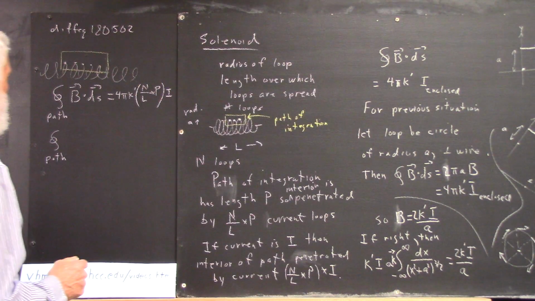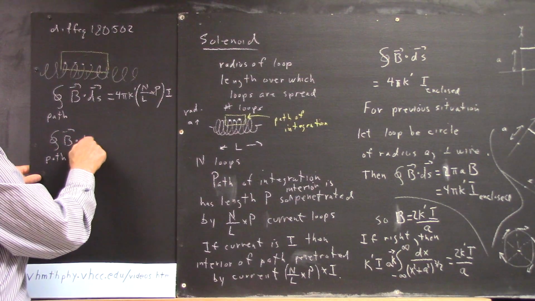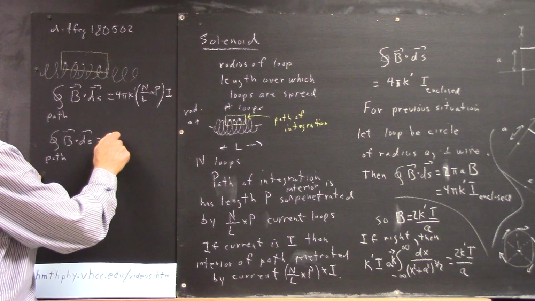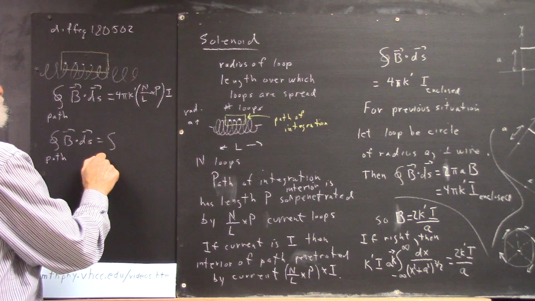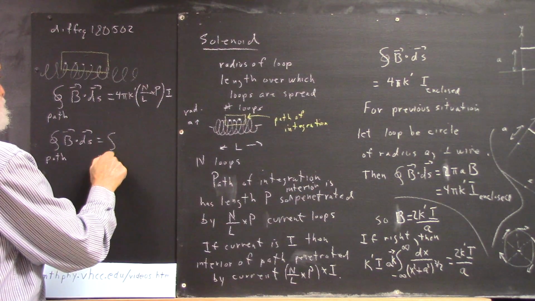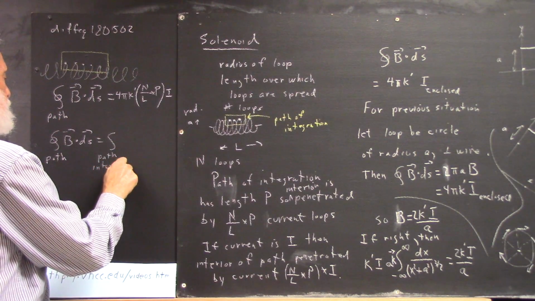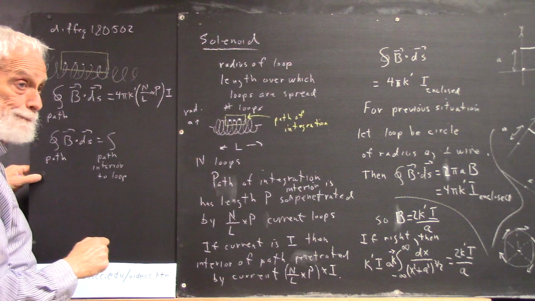So the integral around the path of B dot ds is just the integral over the path interior to the loop.